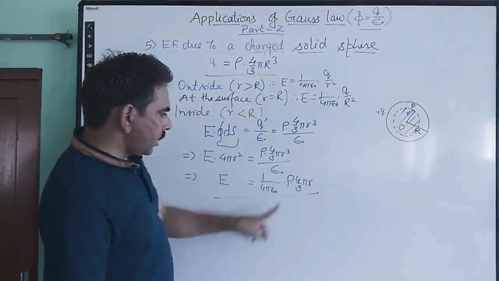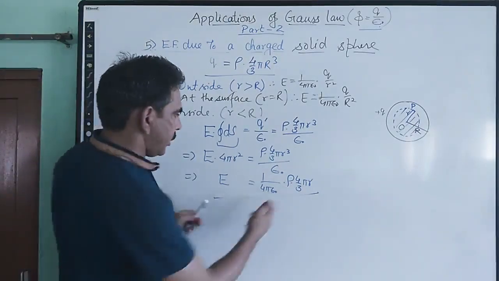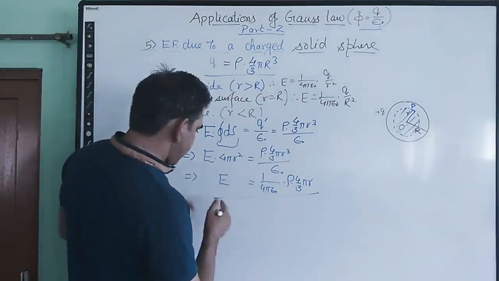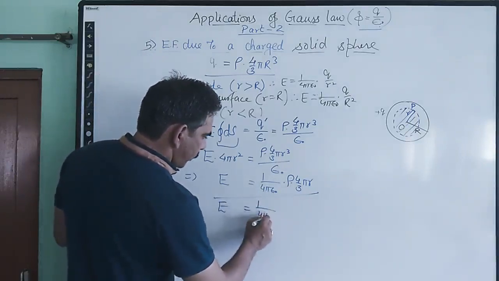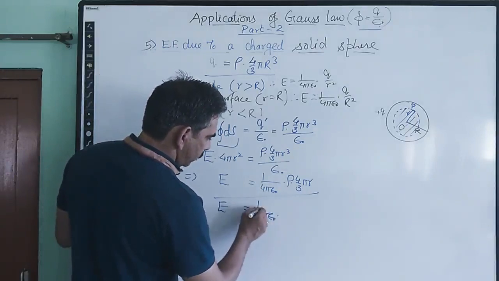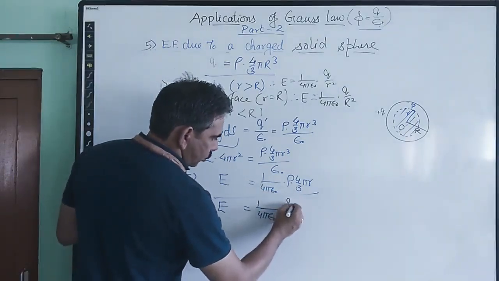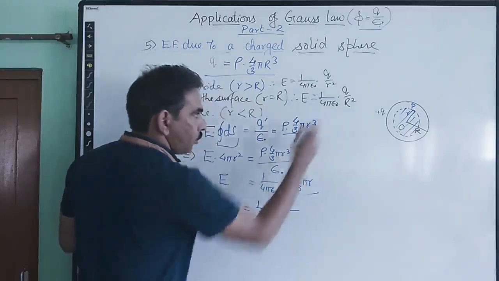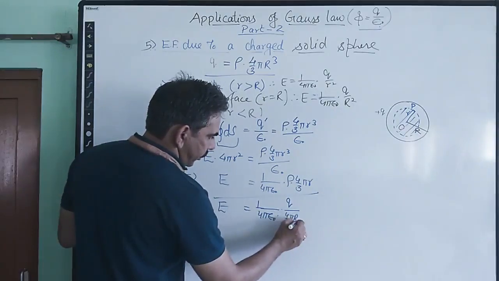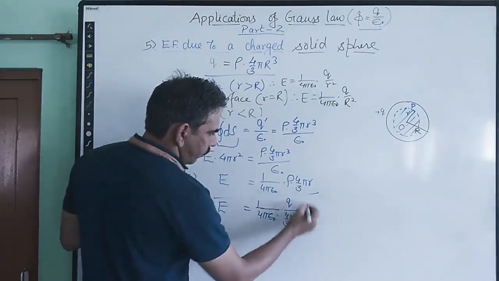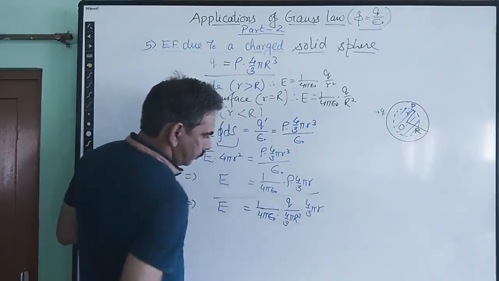We can also convert this volume charge density into the charge itself. So this can be written as 1 upon 4 pi epsilon naught into the total charge Q per unit total volume of this solid sphere, which is 4 by 3 pi capital R cube, into 4 by 3 pi r.